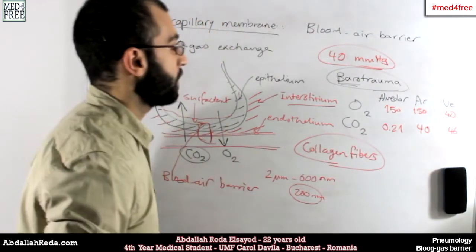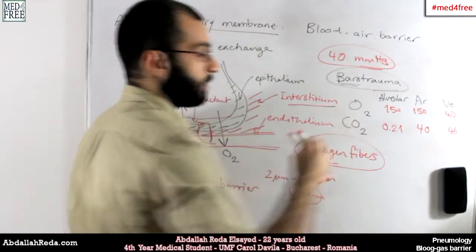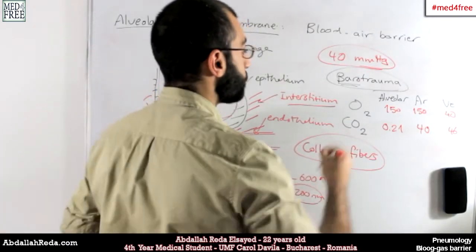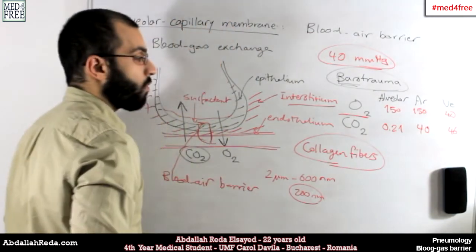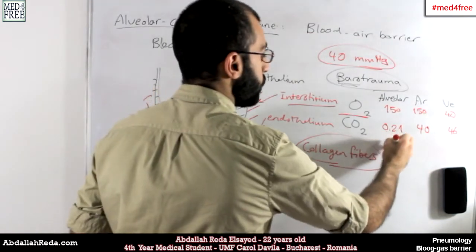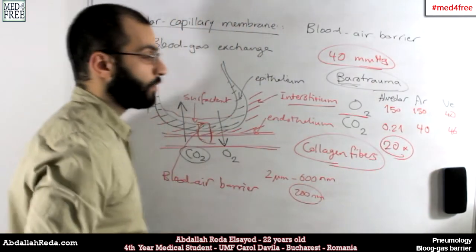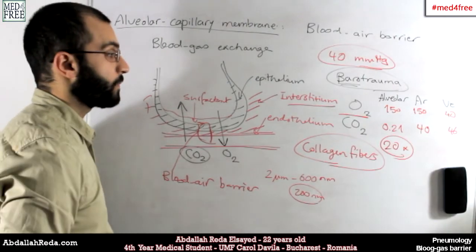That signifies that the solubility of carbon dioxide is much higher than oxygen. As a matter of fact, we have a 20 times difference of solubility between oxygen and carbon dioxide.